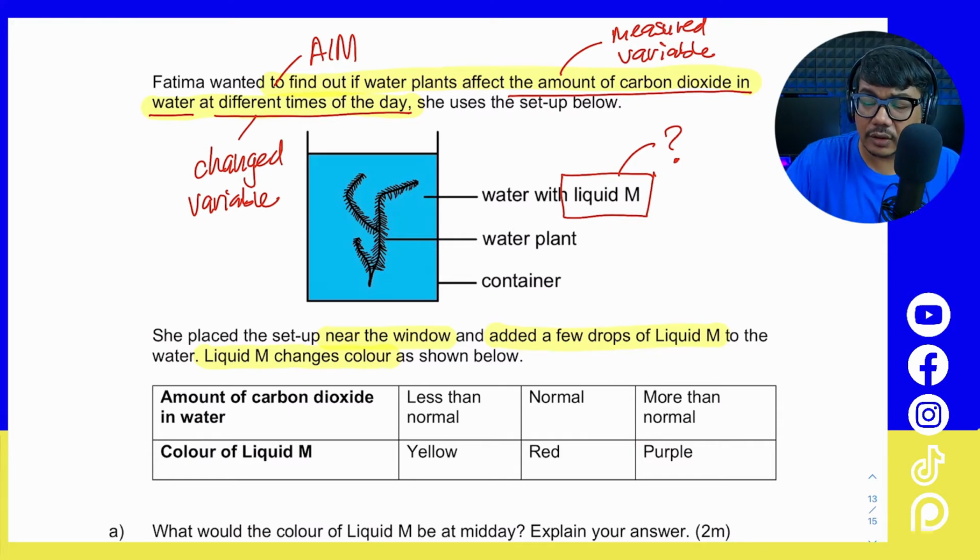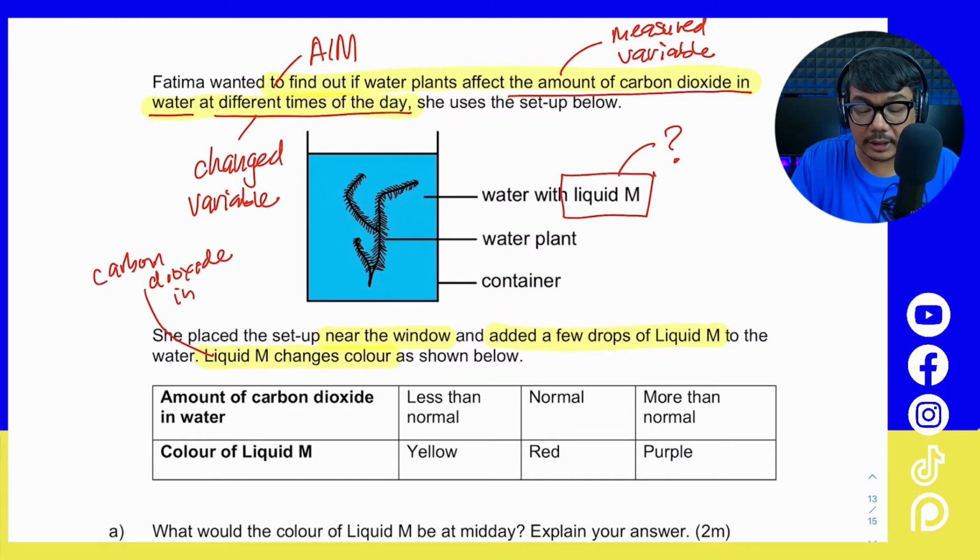So that means liquid M must be an indicator for something. If we infer back to some of the questions that we have done before, we know that there are substances that can be an indicator for the production of, say, gases. In this case, since this is the topic photosynthesis, liquid M must be an indicator for the carbon dioxide in water.